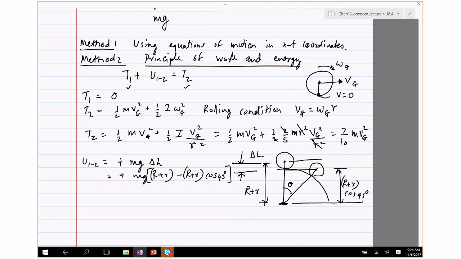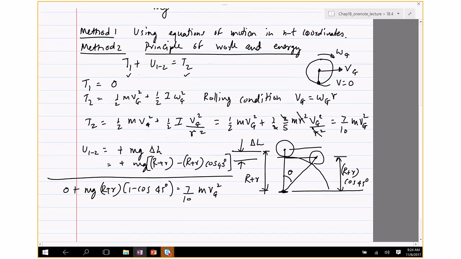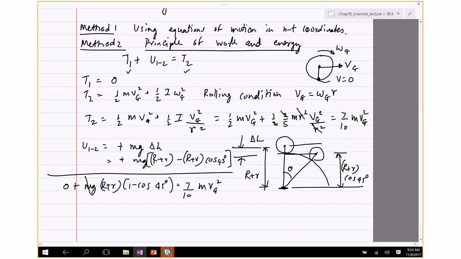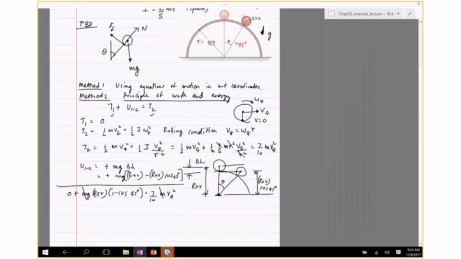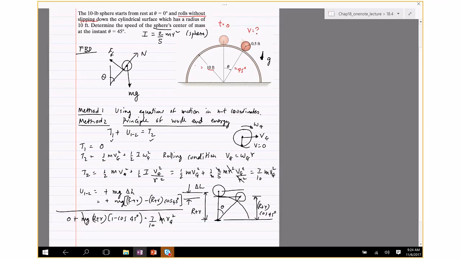Okay, so putting all this together, T1 is 0. U12 is mg times R plus r times 1 minus cosine of 45 degrees, equals 7 divided by 10 m vg squared. So the m's cancel off. Is r given to us? Okay, I should put this as capital R and this as small r.